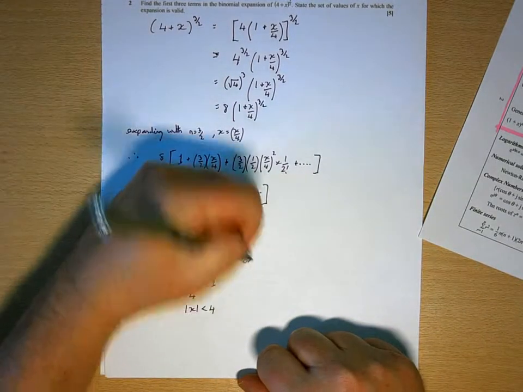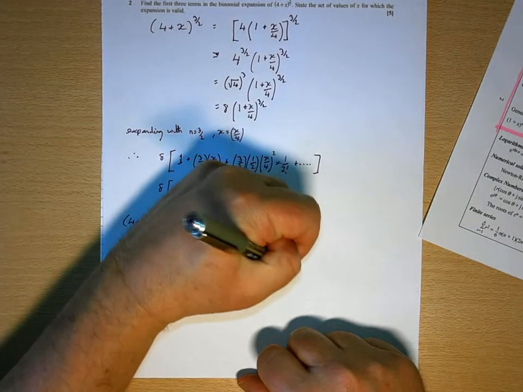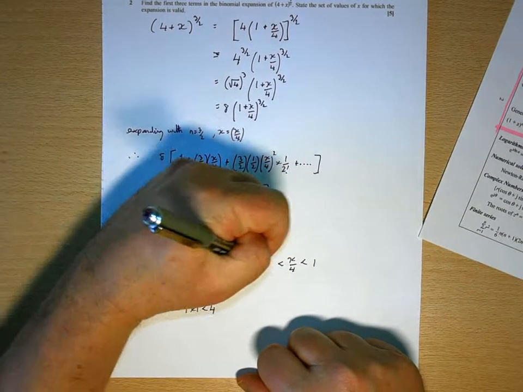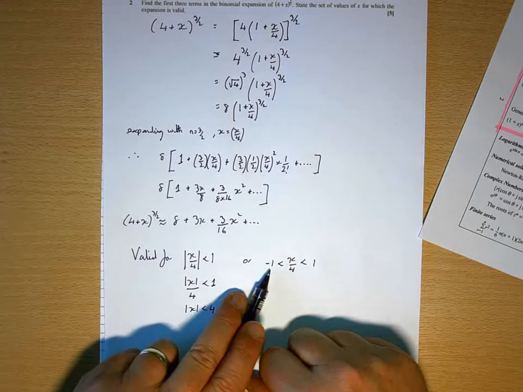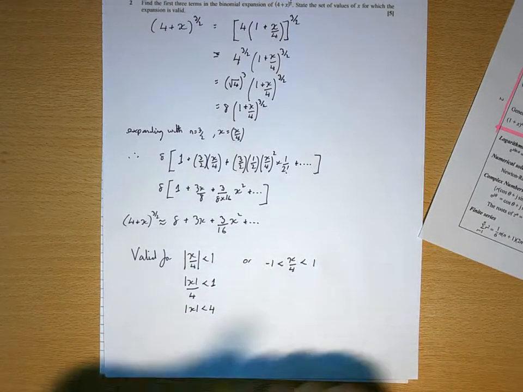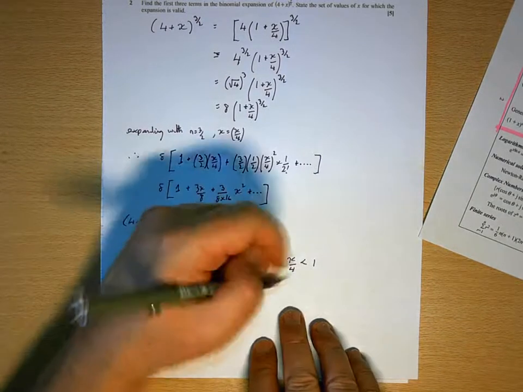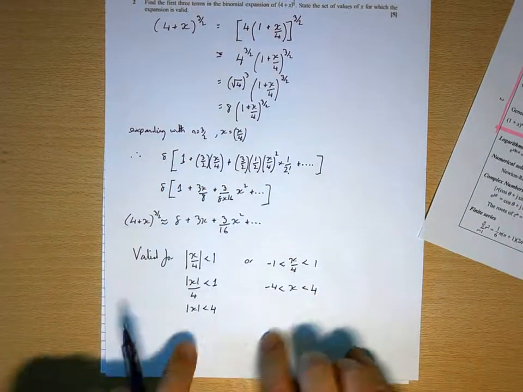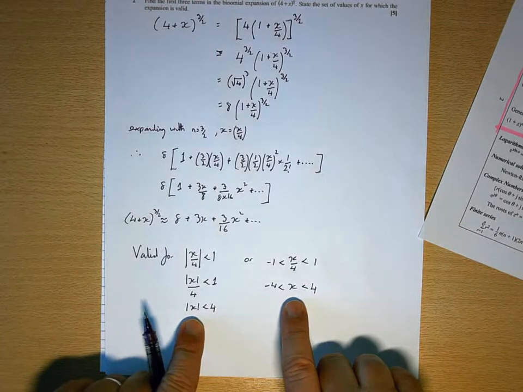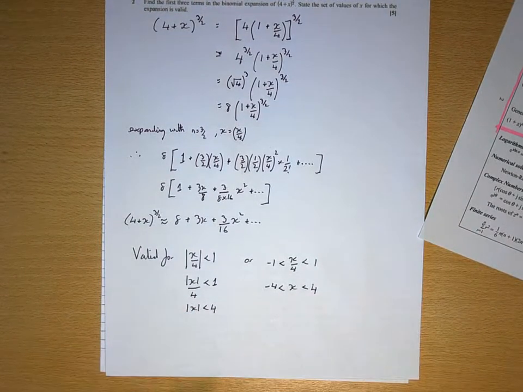Another way you could do that is you could say that for that to be true, then it means that it must be between -1 and +1. If you multiply throughout by 4, you get that. Those are equivalent statements. They mean exactly the same thing. So either of those will give you the marks for that.